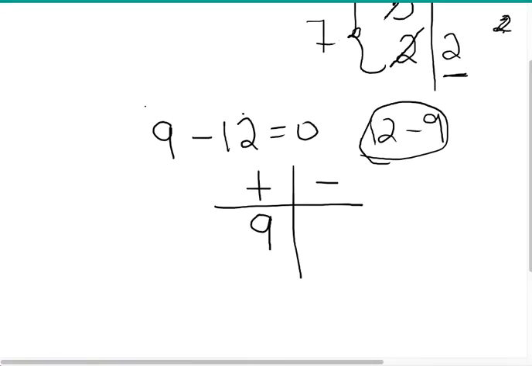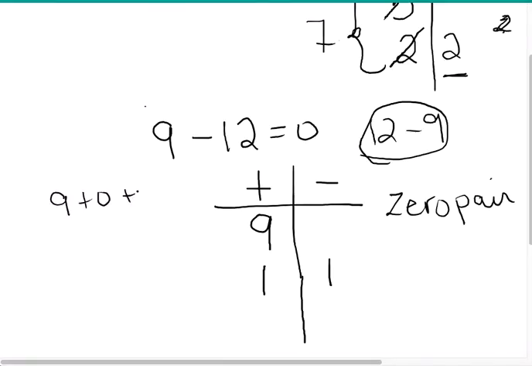So I can break this 12 up into groups that kids are comfortable with. We know we need to have a positive 1 and negative 1 on each side, a 0 pair, because just like in integer chips, we can add as many 0 pairs as we wish. Because when we add a 0 to anything, it doesn't change. So if I add a +1 and a -1, it won't change this value.